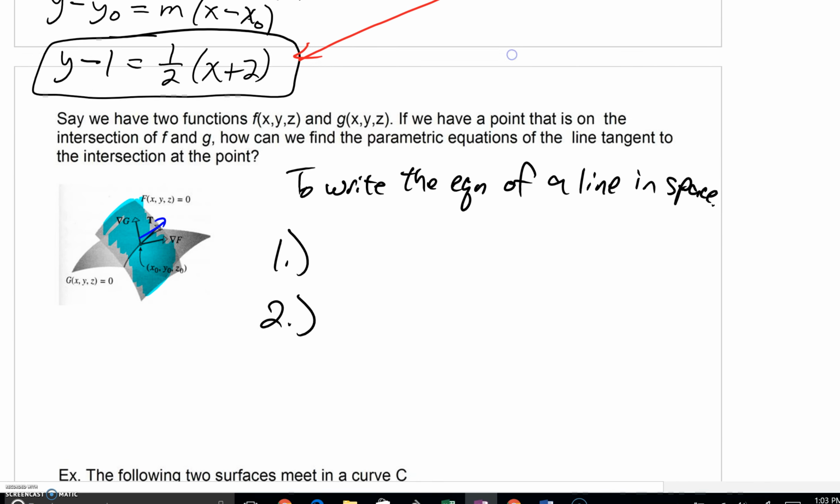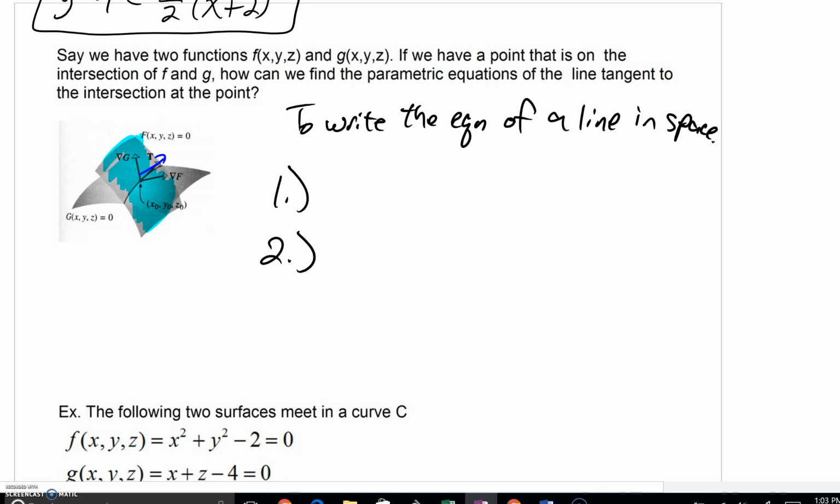Well, let's see how we're doing here as we take a look at this next part. Say we've got two functions, f and g, and they cross at a point. We have a point that's on the intersection of f and g. You might say, how can we write the parametric equations of the line tangent to the intersection of the point?